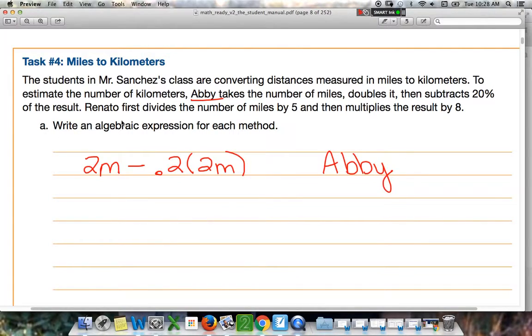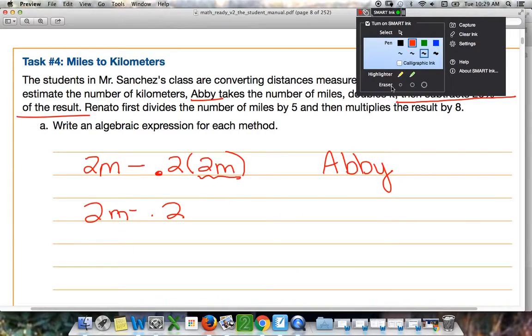Doing Abby's, this is acceptable. This is exactly what it says: it subtracts 20% of the result. It is not this. It is not minus 0.2. That is only taking 0.2 of a number. This is taking 20% of this number. So that's completely different.